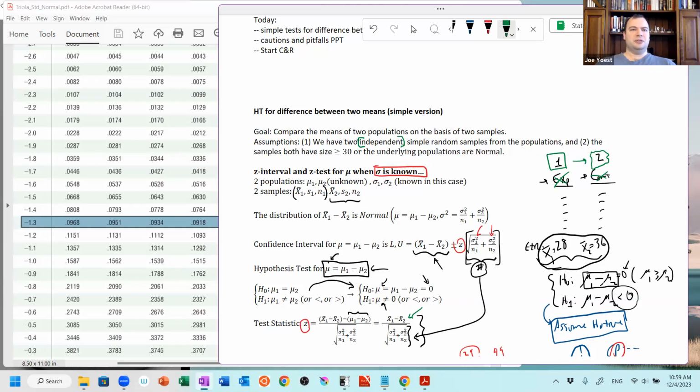Well, now there's not independence, right? In other words, if Bill Smith is heavier than average at the beginning of the program, he's probably going to be heavier than average at the end of the program, because Bill Smith is in sample 1 and sample 2. And so is Susie Adams, and so is each other person. It's the same people in these two samples, so they're not independent samples.